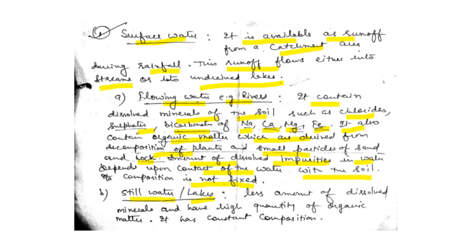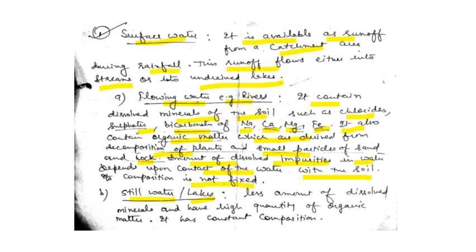The impurity level, either the dissolved minerals or the organic matter, varies. It depends on the contact with the soil and on the area, so the impurity levels are different.